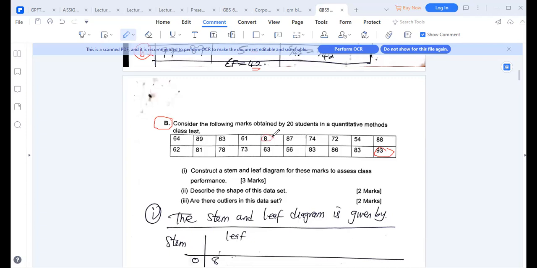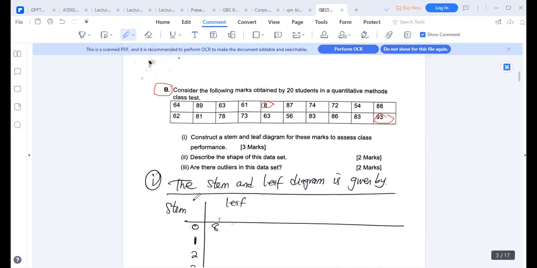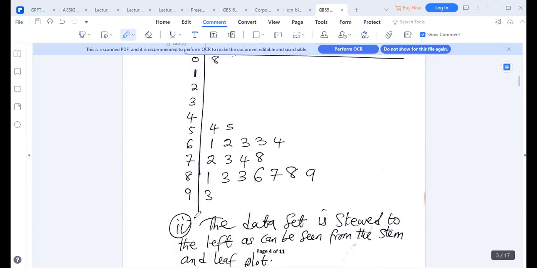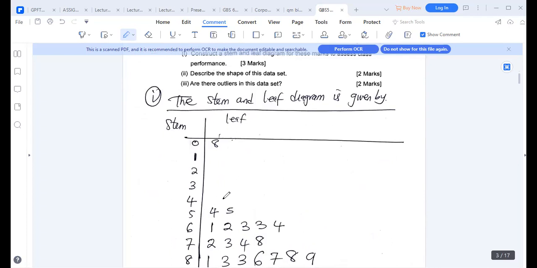Now for the stem and leaf, we have stems from 0 to 9. The first stem, 0, has the leaf 8, so 0 | 8 here.